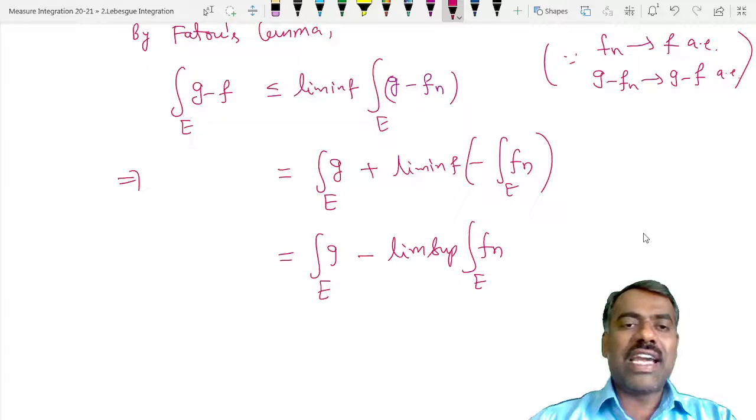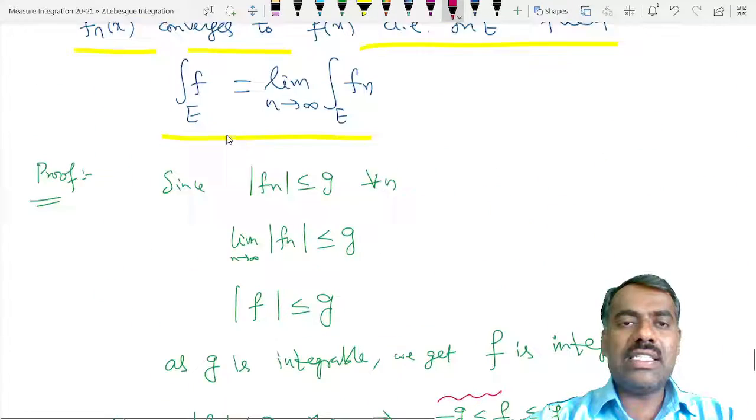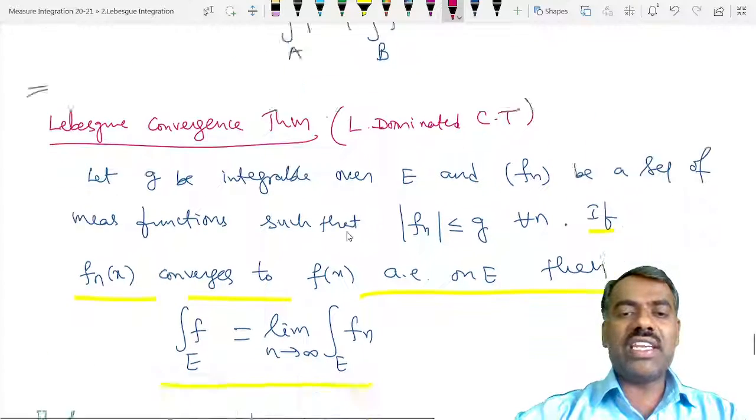Now the left hand side, by the monotone linear property, gives this. Is this clear? Here you have less than, right? The integral of g over E minus the integral of f over E is less than or equal to this. But because g is integrable, that integral is a finite value.